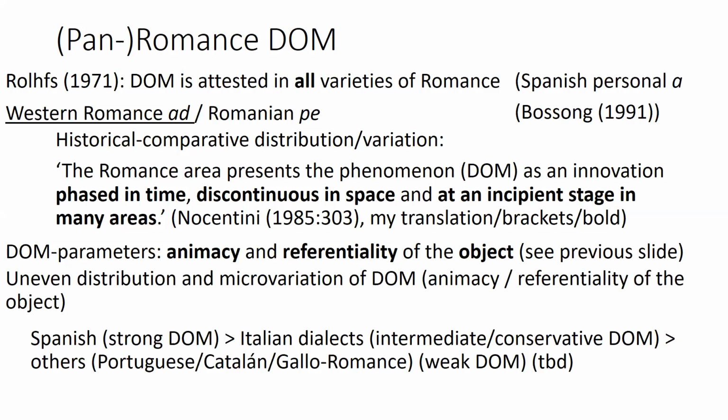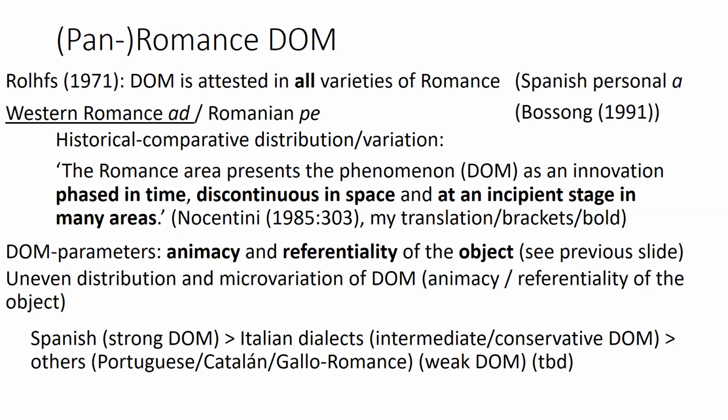Spanish DOM is heavy, is strong, as pretty much everyone has noted. Spanish is DOM heavy. Italian dialects have a weaker, intermediate system of DOM that is more restricted than Spanish DOM.